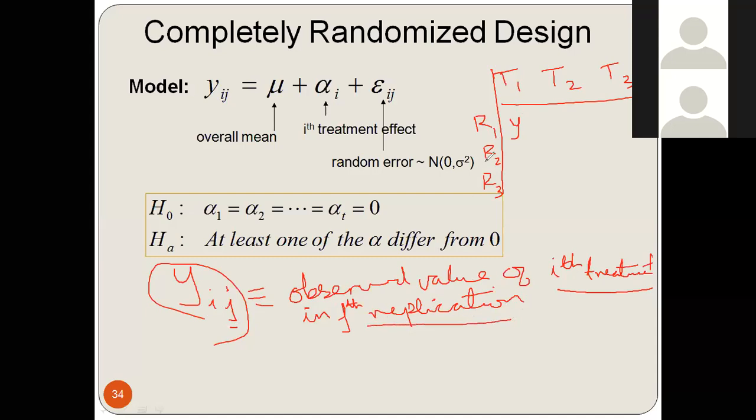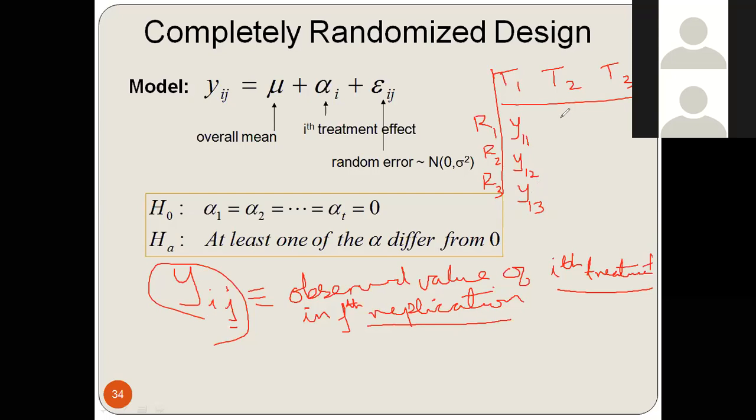So how can I write the observed value of T1 R1? Y, 1, 1. What about this? Y, first treatment, second replicate. First treatment, third replicate.